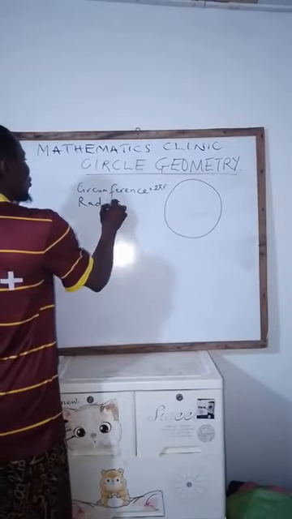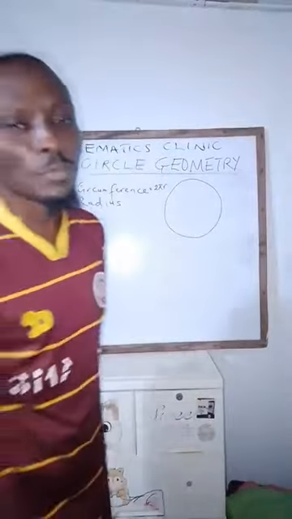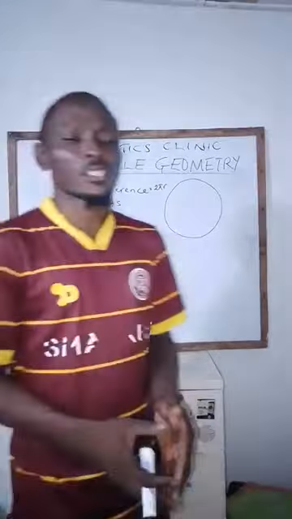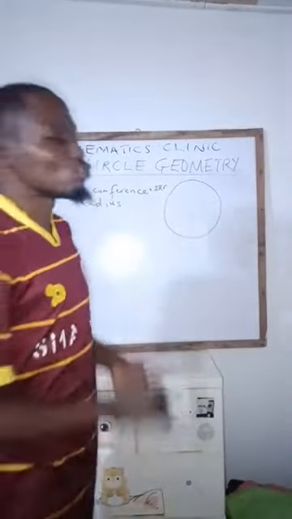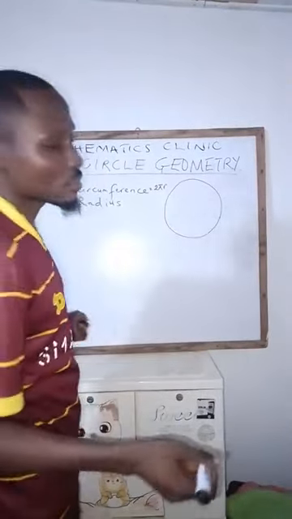Having understood what circumference is, the next property to explain is the radius. What is radius? The radius of a circle is any straight line drawn from the center of that circle to any point on the circumference.